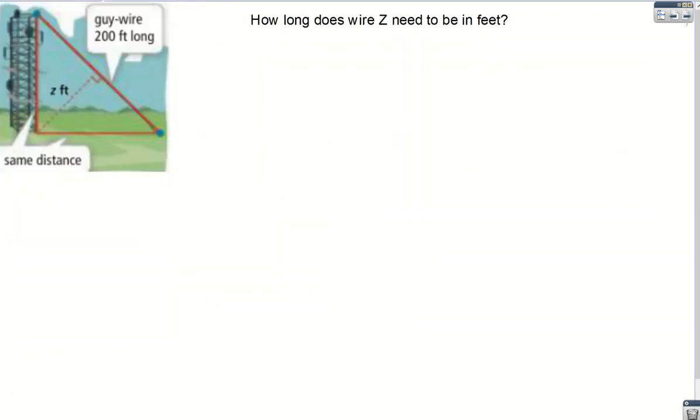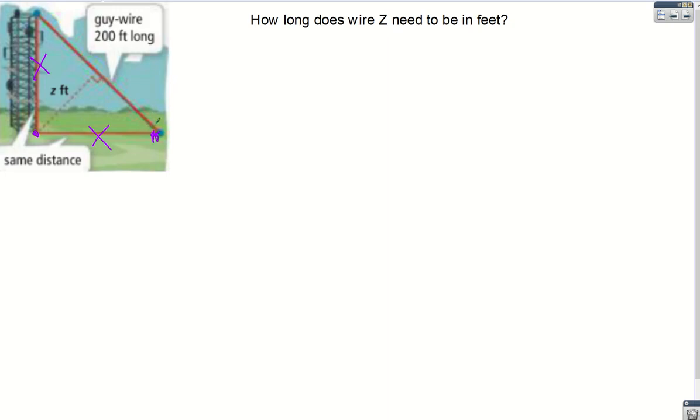The last type of word problem they might ask you is, what is this diagonal line? So let's picture that they had this tower on the ground, on the base right here, and they attached a wire to the end right here. Then they lifted the tower up with the cable going with it. So that means that the tower and the ground are the exact same side, which means that we can find this guy wire.